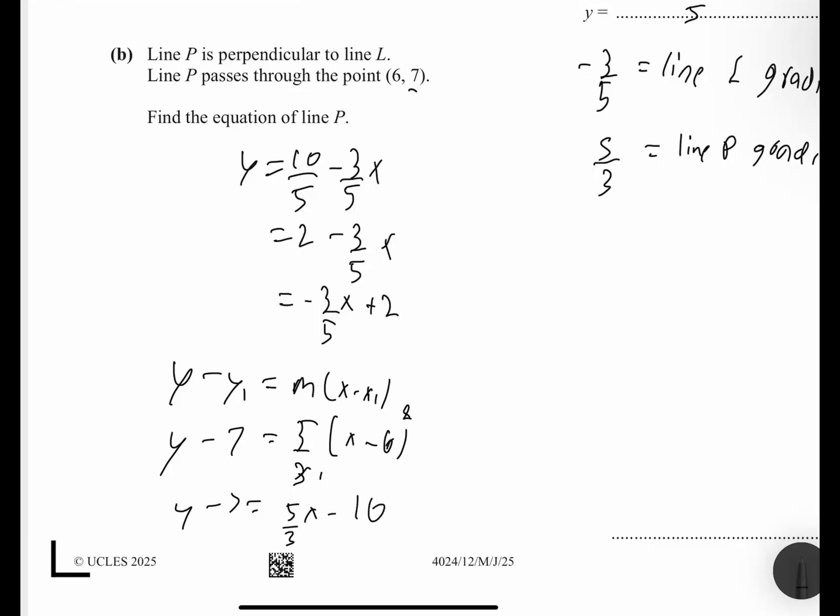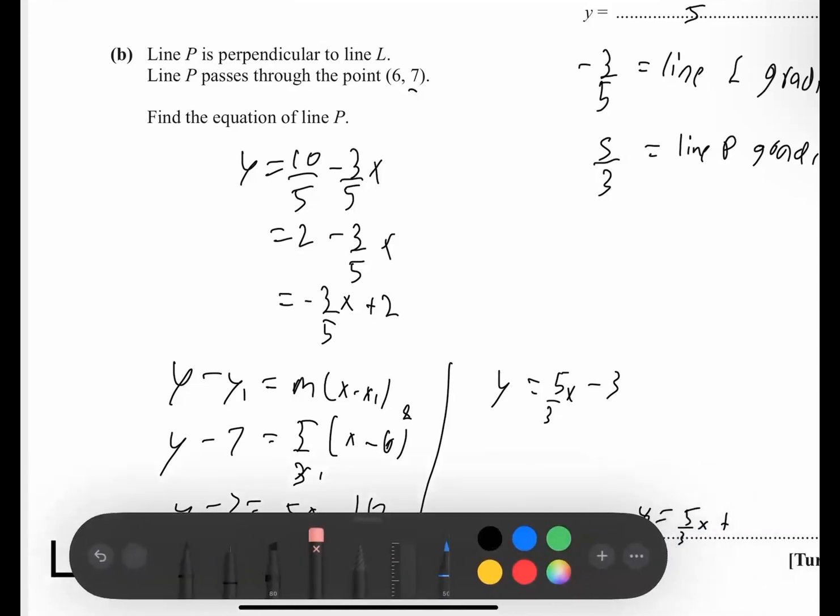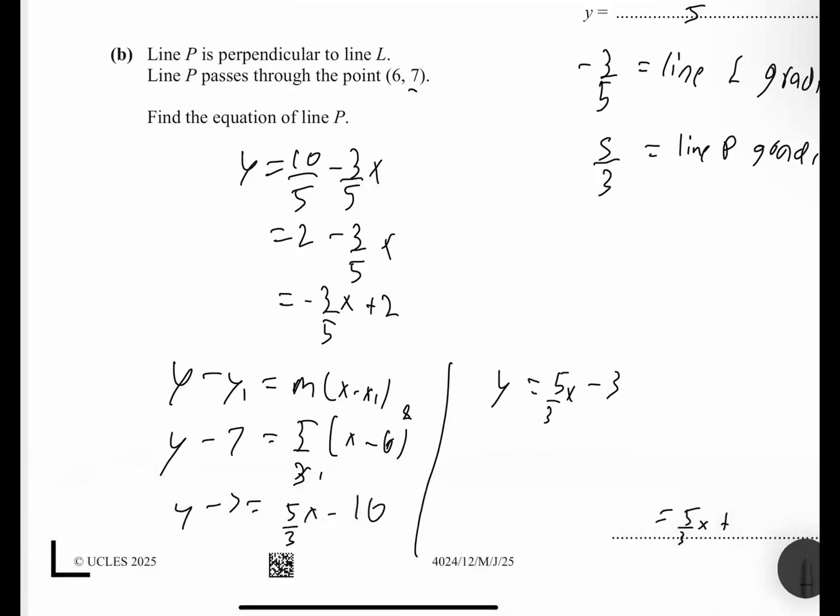We take 7 to the other side, and y is equal to 5 by 3x minus 3, as I've written here.